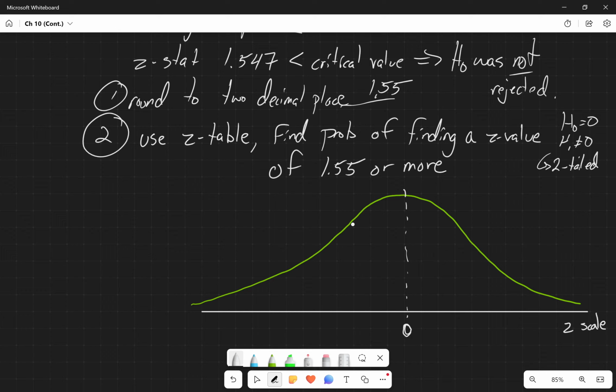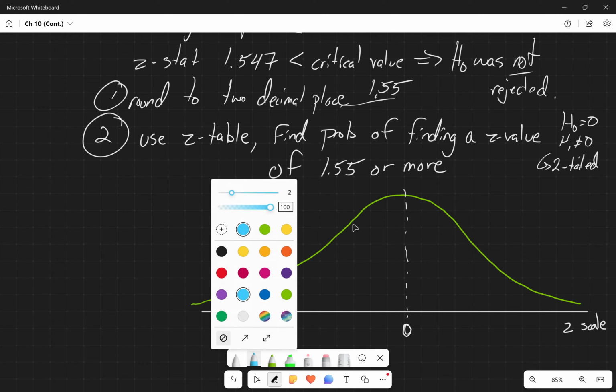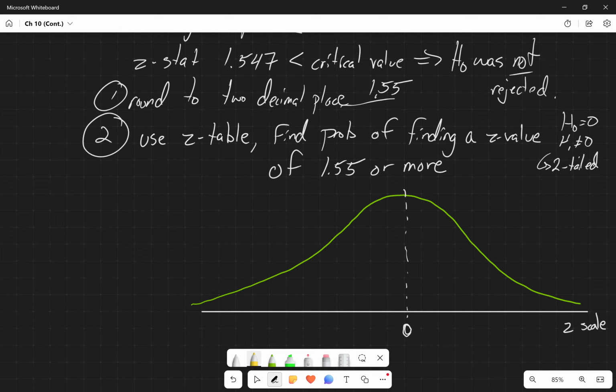And so for a two-tailed test, we have to go to negative 1.55, and then we have to go to positive 1.55. So we literally have to go inside of the table, right?